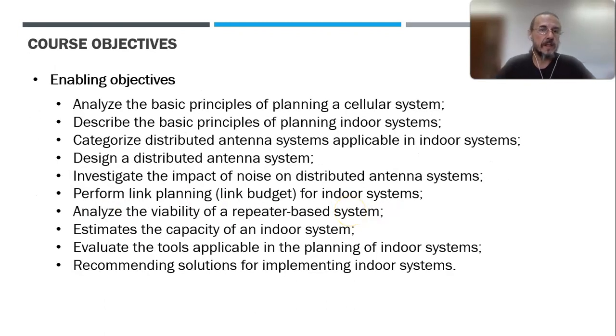Thinking on that, the enabling objectives are split into 3 parts. The first group is to analyze the basic principles of planning a cellular system and describe the basic principles of planning of indoor systems.